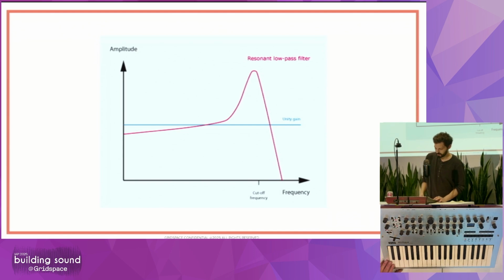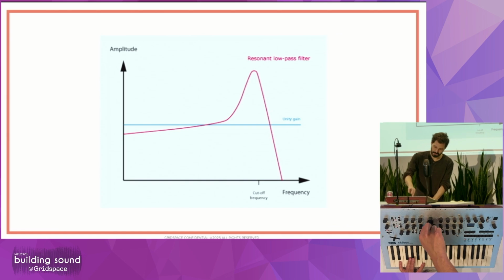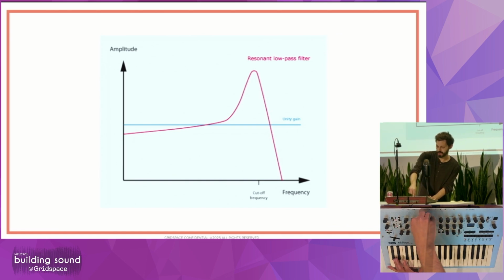And one thing that you can do with this is, this component will actually self-oscillate, so it'll generate a sine wave just on its own. So it acts like an oscillator if the resonance is high enough. So I'm just going to turn down the oscillator completely, and you'll hear just, here we go.